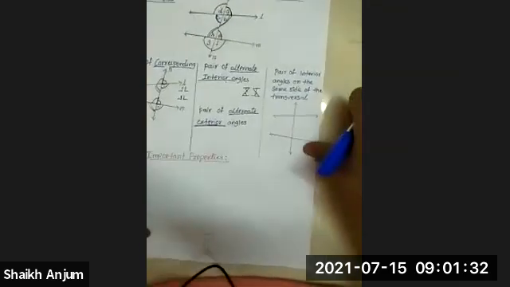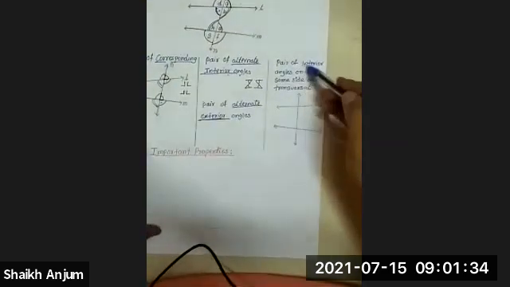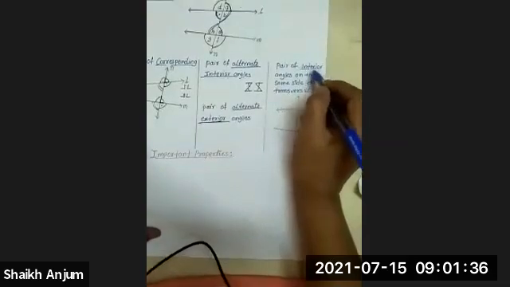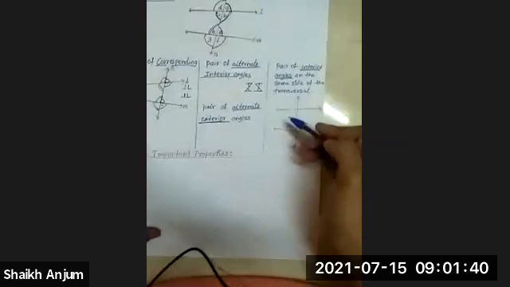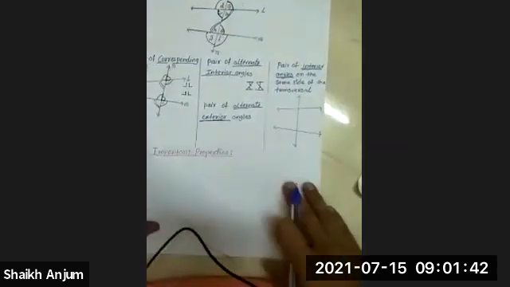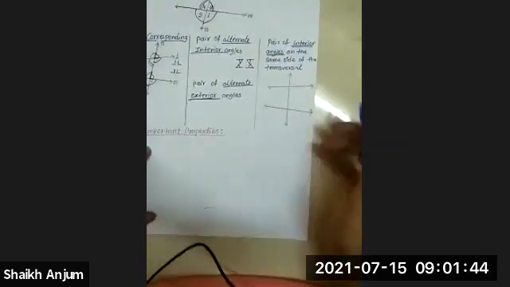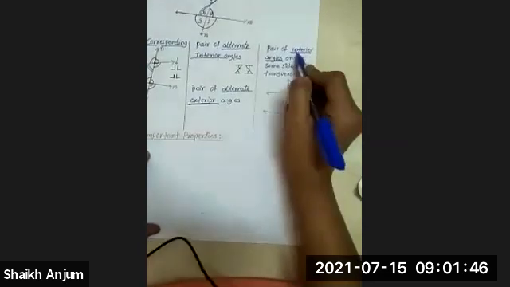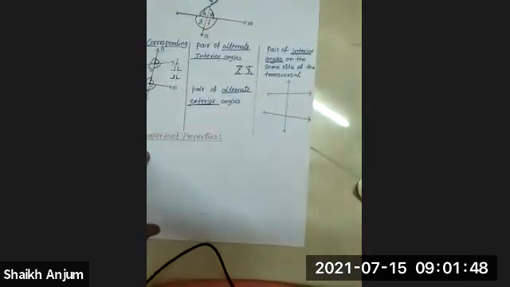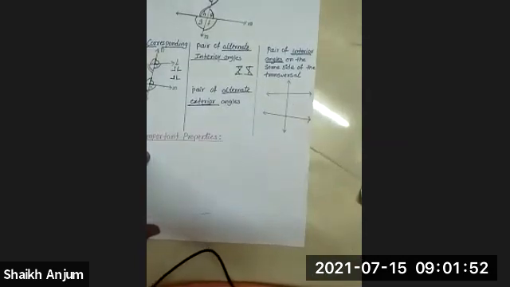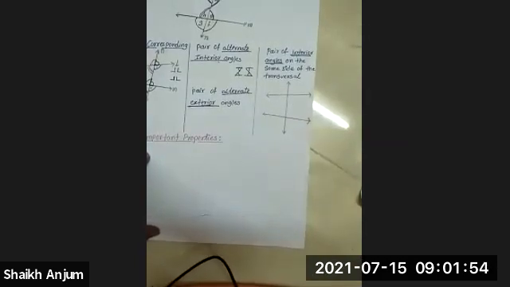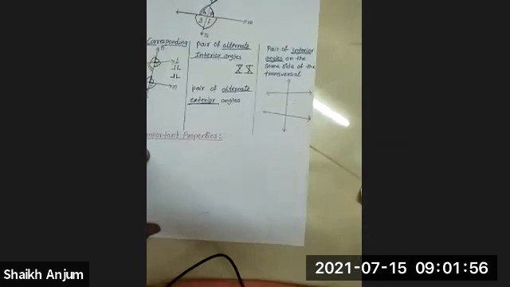Now the next pair is the pair of interior angles. Interior means here in the diagram, inside the two lines, angles that are in the area between two lines.